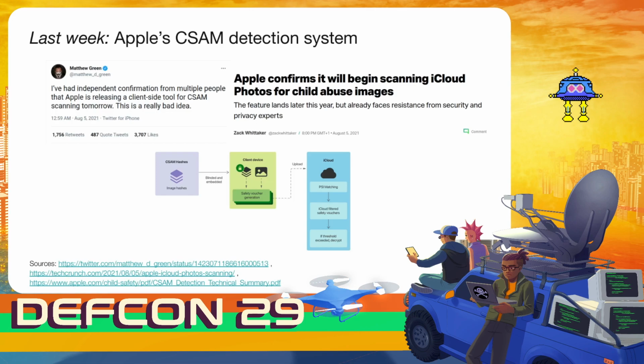And further, Apple confirmed that it will indeed begin scanning the iCloud photos on the devices using a system, and they released the technical details for it, which shows that these systems are coming on our phones, and might indeed be a very important conversation for us on how they really handle privacy well, and whether these systems are robust.